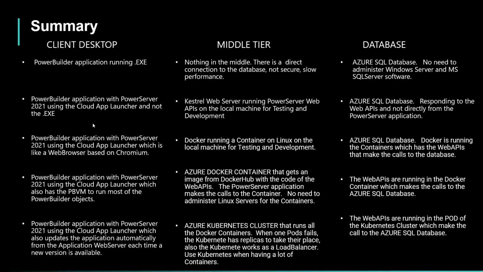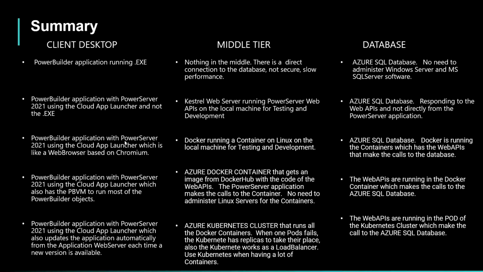In the next example, we basically had the same PowerBuilder application with PowerServer 2021 using the Cloud App Launcher. The Cloud App Launcher, like in the last example, is like a web browser, and it is based on Chromium.